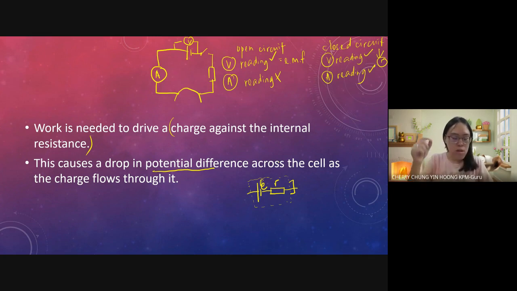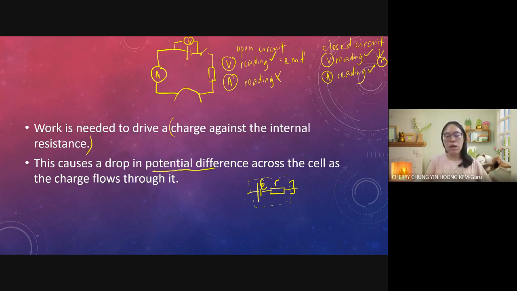And also, there is a drop of voltage when there is current flow in the closed circuit. The potential difference across the cell terminal is lower than the EMF.